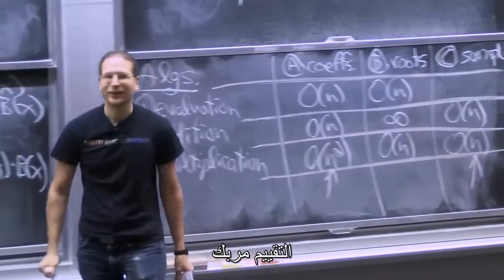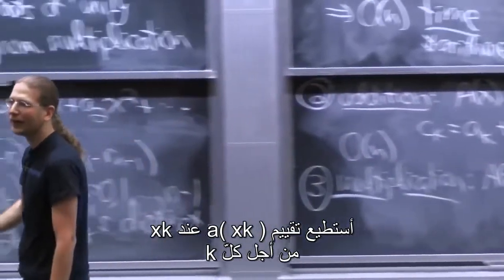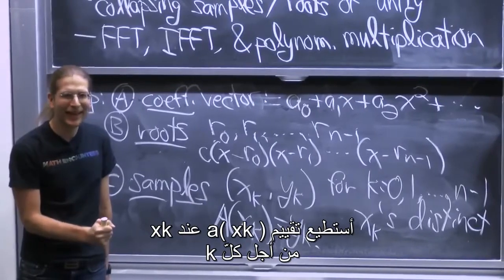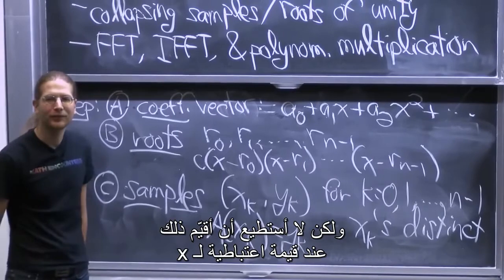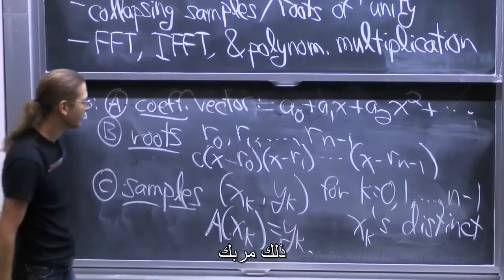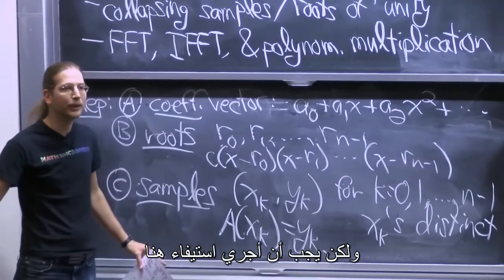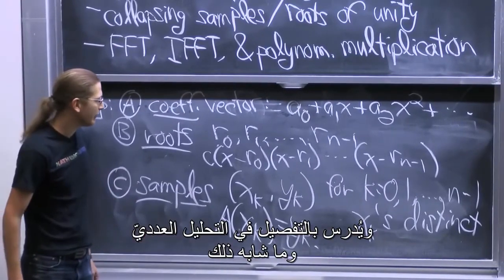Evaluation is annoying. I can evaluate a of x at xk for any k, but I can't evaluate it at some arbitrary value of x. Okay, that's annoying. I'm told at these finite sample points, but now I have to somehow interpolate. This is called polynomial interpolation, well studied in numerical analysis and so on.